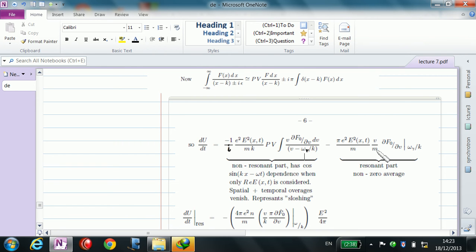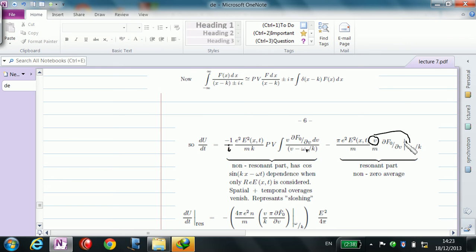Now, there's certainly one value of m here. Now the point is this v is evaluated at omega r over k. In other words, this v here is part of the expression, right?